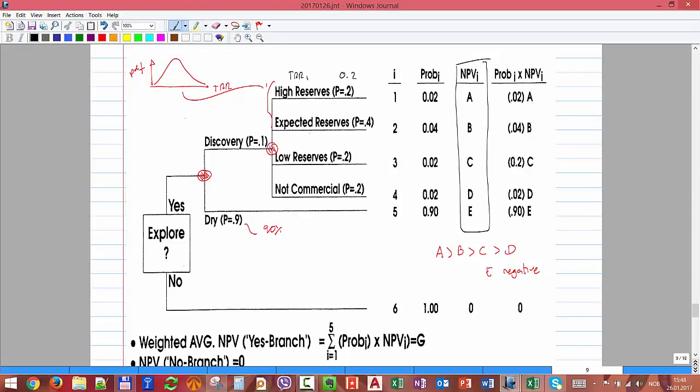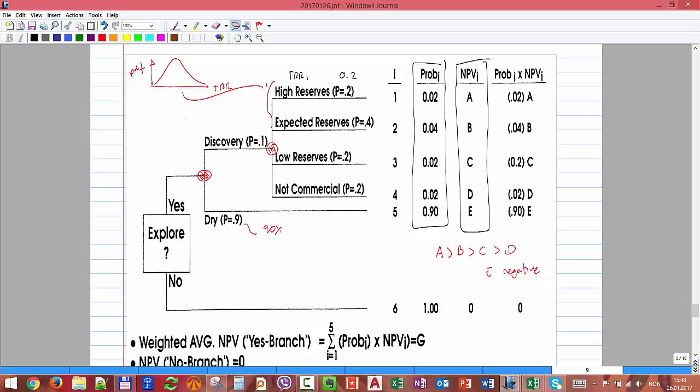Okay? Now, another trick that we make: you see here we have the NPV of each option. That is something that I can calculate. And now I have the probability of each option. If I say 0.1 times 0.2, that's going to give me this probability.